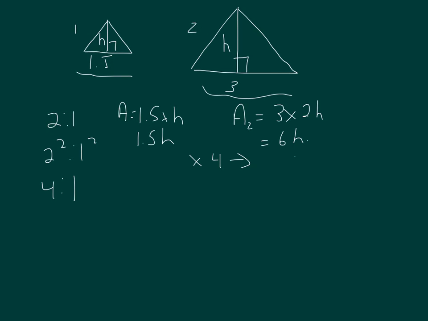1.5 times 4 equals 6. The reason is that we've doubled this dimension, and we doubled this dimension in the new triangle. So if we double something twice, 2 times 2 is 4, we've actually done 2 squared times the area compared to the length of the sides just being 2 times as big.